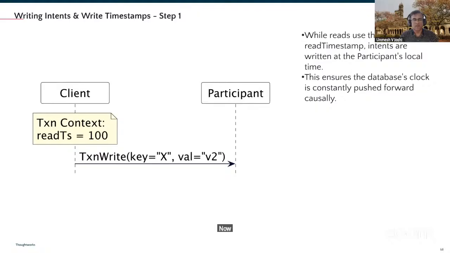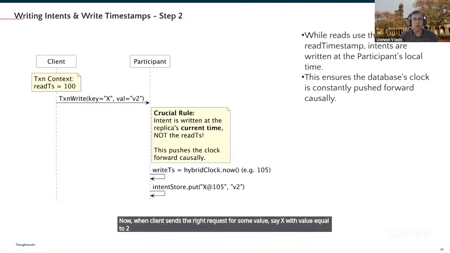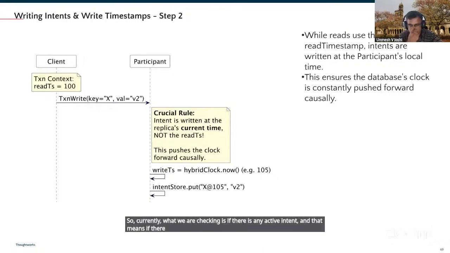Now, when the client sends the write request for some value, say x equal to 2, it checks if there is an already committed value. Currently, what we are checking is if there is any active intent, which means any ongoing transaction.